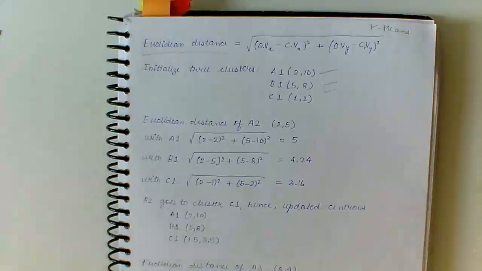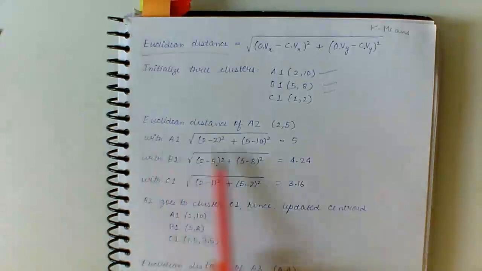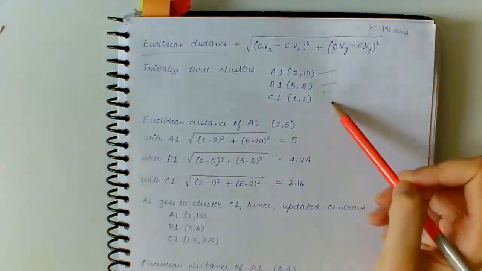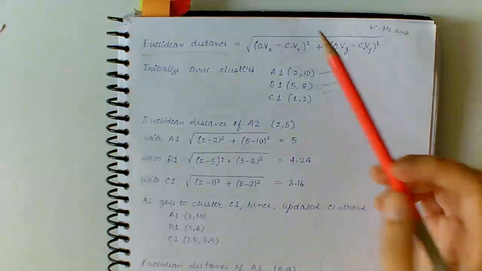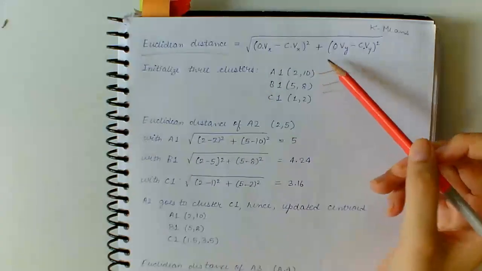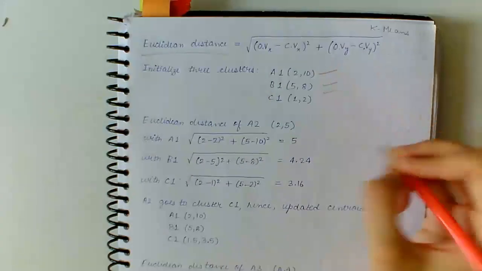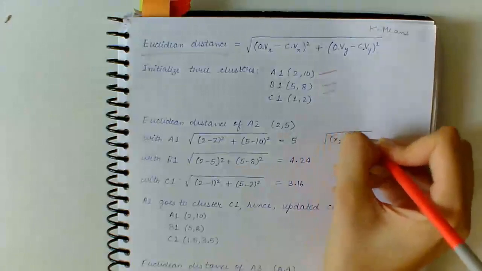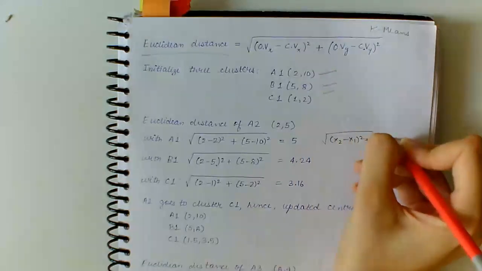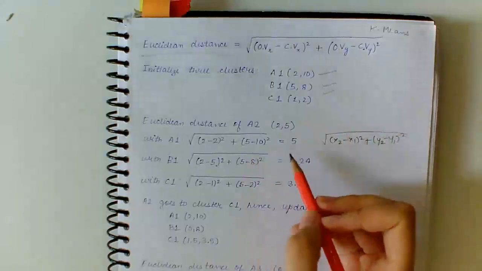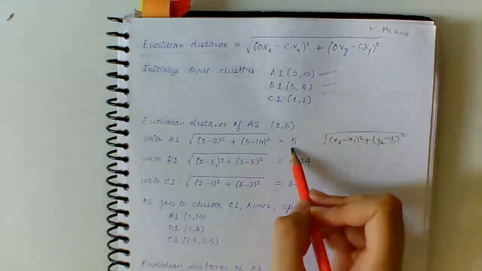So first we calculate the Euclidean distance of A2 from all the 3 possible centers of the cluster. With A1 the distance, as we know the Euclidean distance formula, that is root of (x2 minus x1) whole square plus (y2 minus y1) whole square.